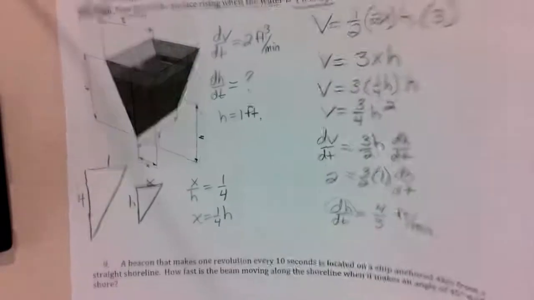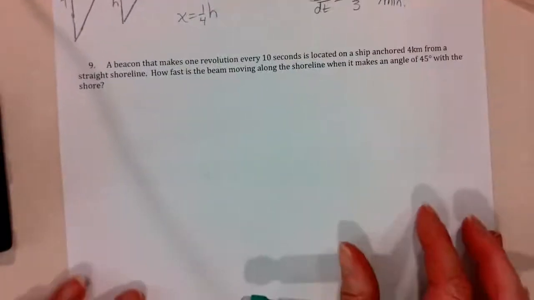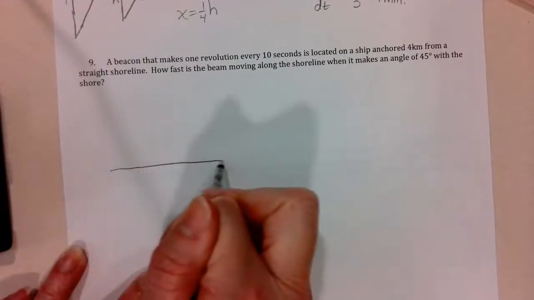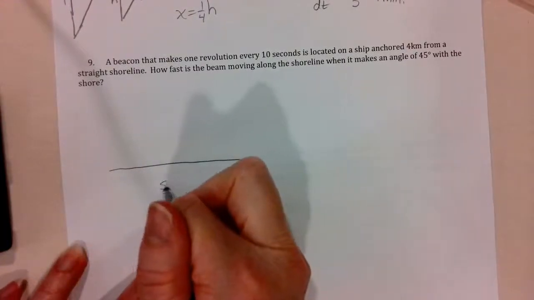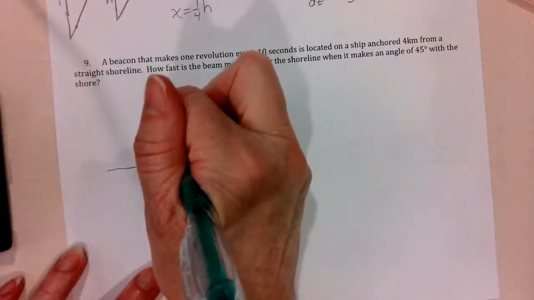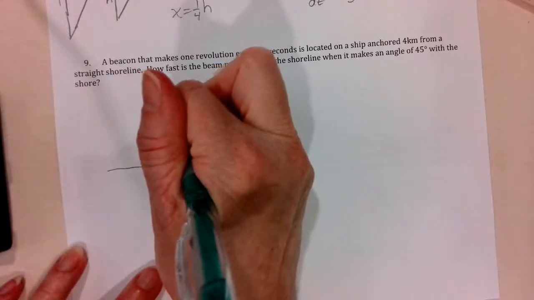Take a moment, pause the video, read the next problem. I'm going to do mine from a perspective of I'm up above in the air and I'm looking down, and what I see is this scenario. Here's the shoreline. There's a beacon out here that's on a ship.